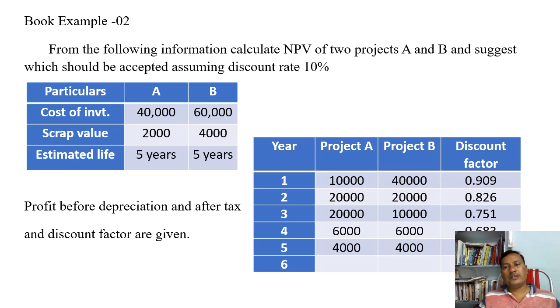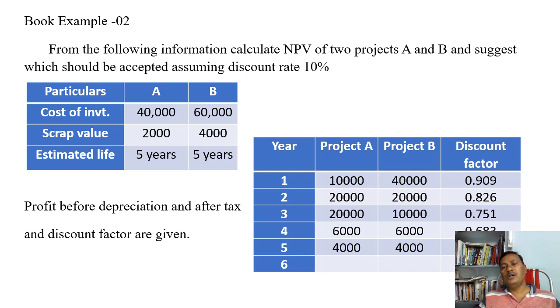Here another table is there. There they have given you the net cash inflow and the discount factor for the 5 years. Profit before depreciation and after tax, and the discount factors are given. So it is a net cash inflow.